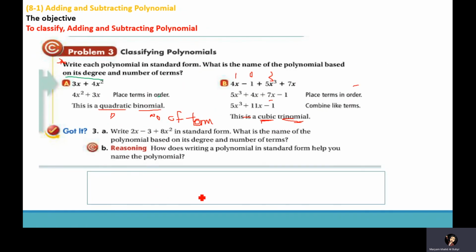Let me directly write the answer for you. First of all, we have 8x to the power 2 plus 2x minus 3. Then to classify this one, the greatest power is 2, so that is a quadratic.